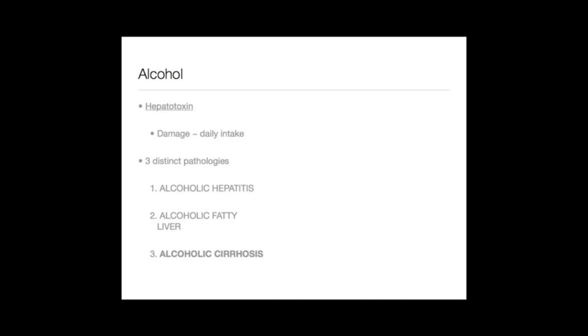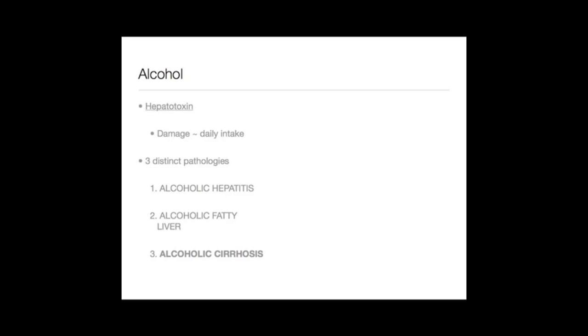So going on now to talk a little bit about alcohol, which is obviously a very important cause of liver disease. Alcohol fundamentally is a hepatotoxin. Therefore, the amount that you take in each day will correspond to the amount of damage that is done to the liver. However, it's useful to be aware that there are a number of distinct pathologies that don't necessarily follow each other chronologically that result from alcohol with the liver.